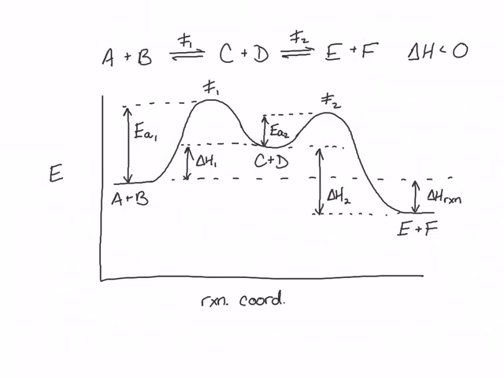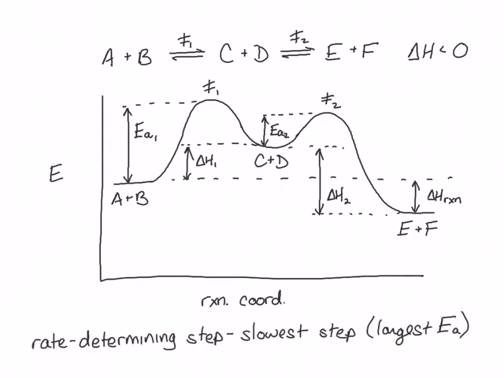We call this bottleneck step the rate determining step. The overall reaction cannot proceed any faster than its slowest step, which in this case is the first step. The reason that we study the mechanism, the thermodynamics, and the kinetics of a reaction is because these things help us to predict the products and can also tell us how to get the products that we want. This is very important in organic chemistry.